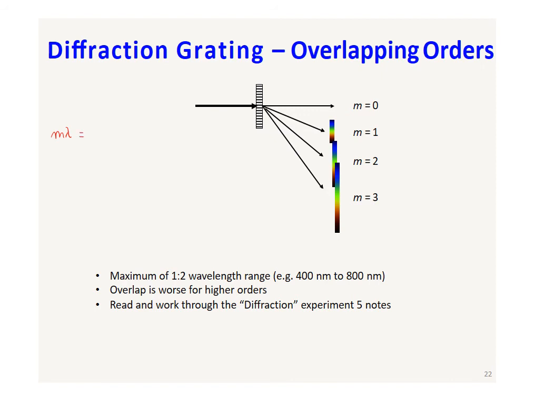We could see at an angle the first order diffraction from 600 nanometer light, but at that same angle we'll also see the second order diffracted beam from 300 nanometer light, and we'll see the third order from 200 nanometer light, and so on. So the furthest apart we can see wavelengths without any overlapping is going to be given by the free spectral range.